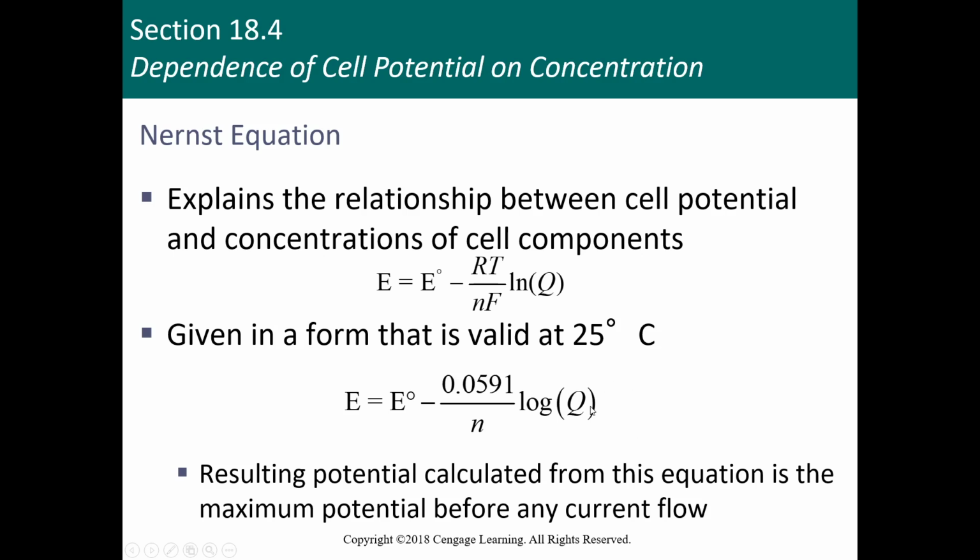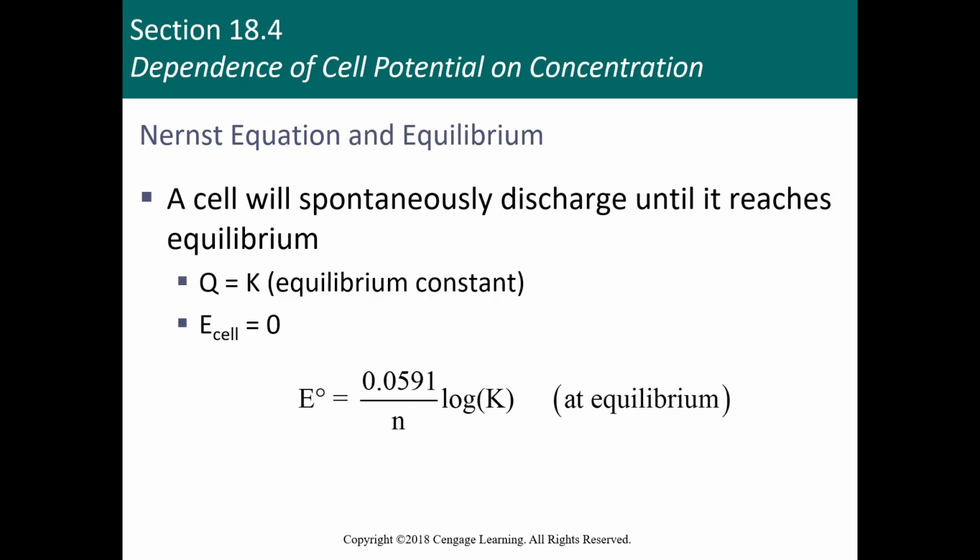And in equilibrium, you're not going to have any spontaneous flow in the other direction. So, a cell will spontaneously discharge until it reaches the equilibrium. That means Q equals K, which is your equilibrium constant, right? The E cell at equilibrium will be 0.